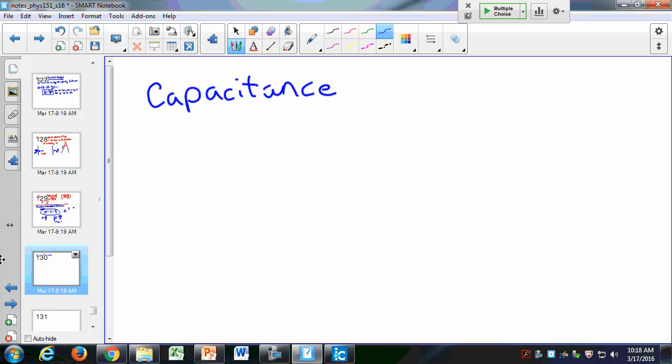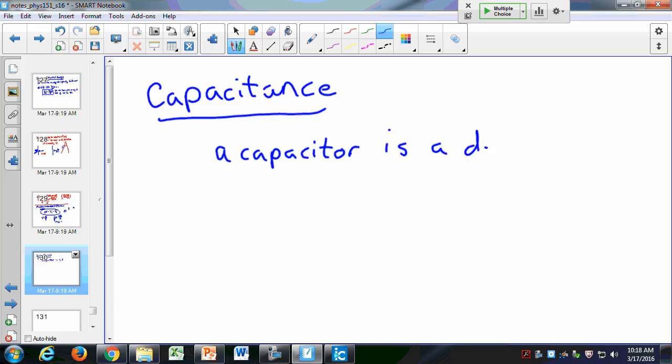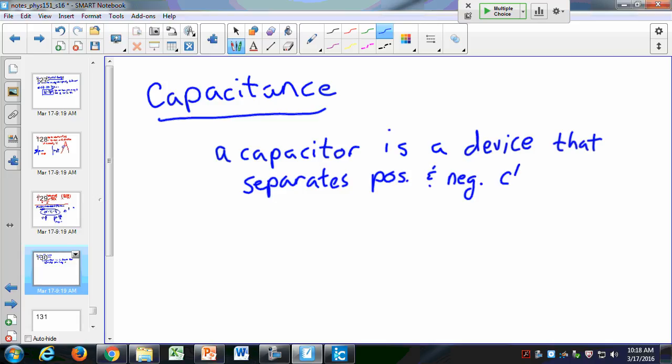A capacitor is a device that separates positive and negative charges. That's how your book describes it.